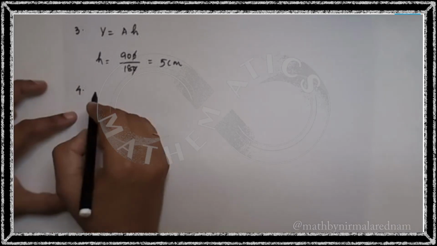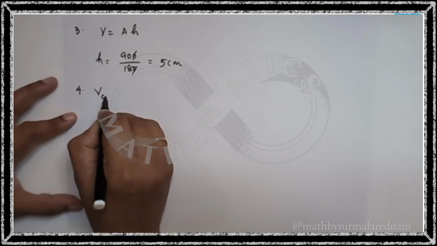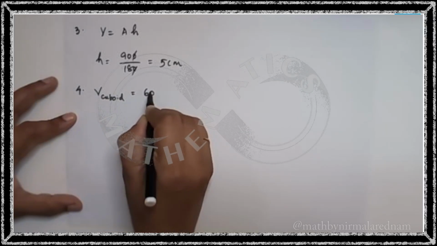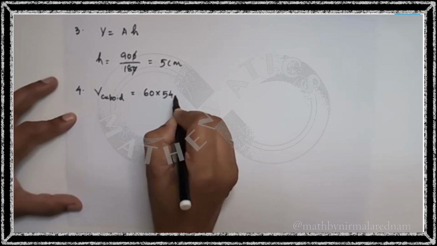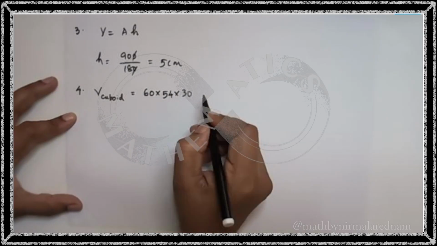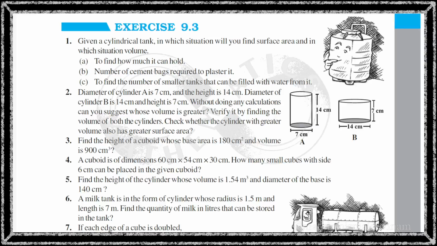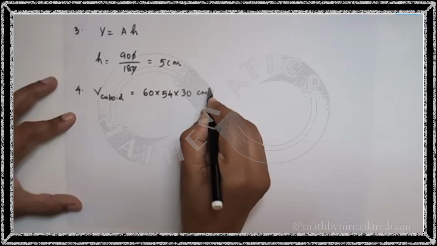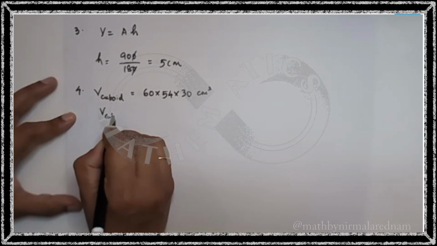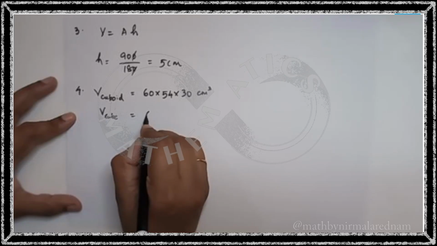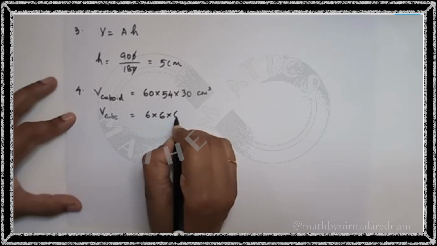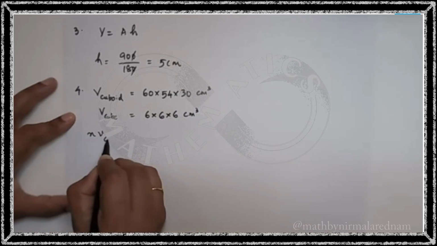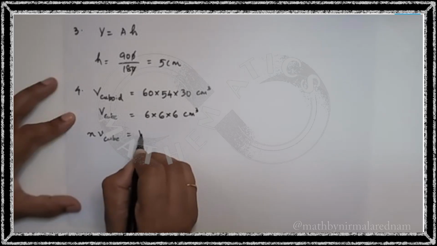So first, volume of the cuboid is nothing but 60 by 54 by 30 is the dimensions, right? So I'm going to leave it like this. We'll do the further calculation later on. Units is centimeter cube. What is volume of a cube? It is a cube. So 6 into 6 into 6 centimeter cube. So how many such cubes can fit in this cuboid, right?